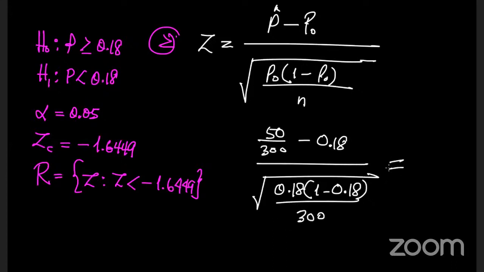If properly done, this should give us approximately negative 0.60113.